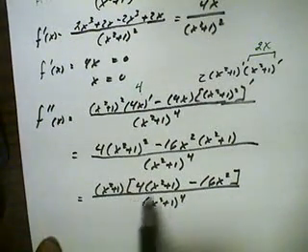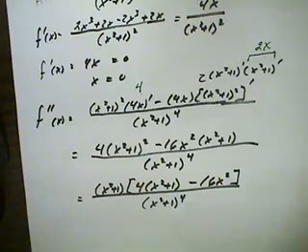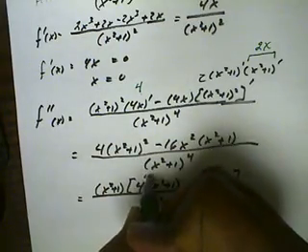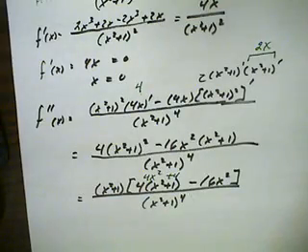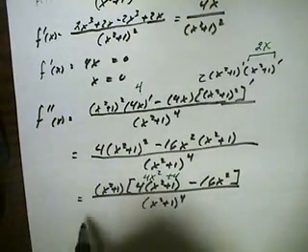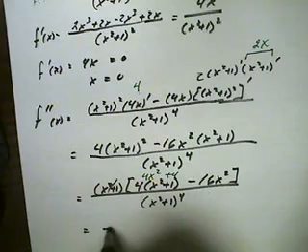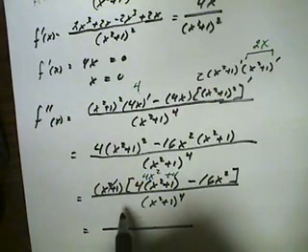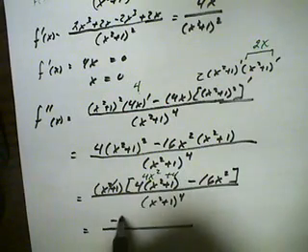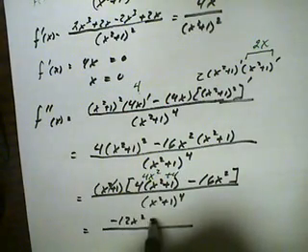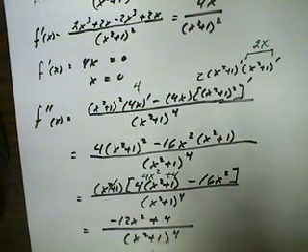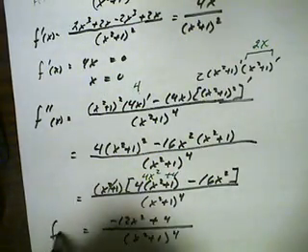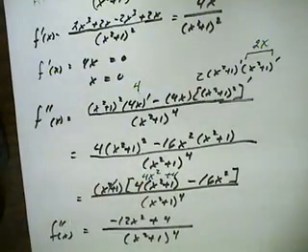So one of these will cancel, and I'll do a little distributing in here. So this will become 4x squared plus 4. Alright, so these cancel, and I end up with negative 12x squared plus 4 all over x squared plus 1 all to the fourth power. And this again is my second derivative.